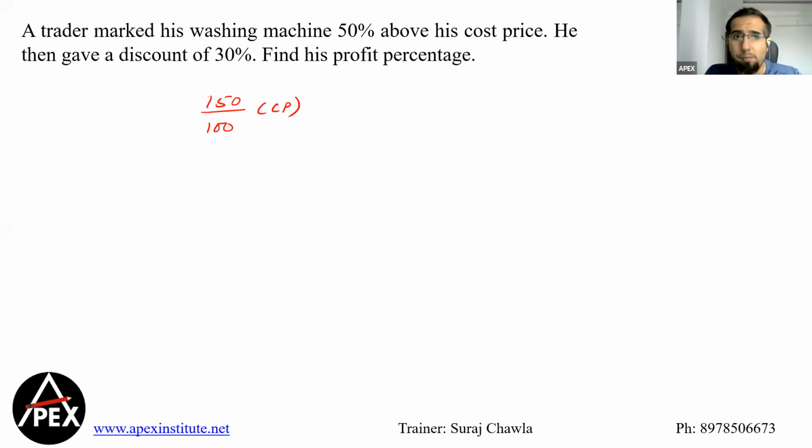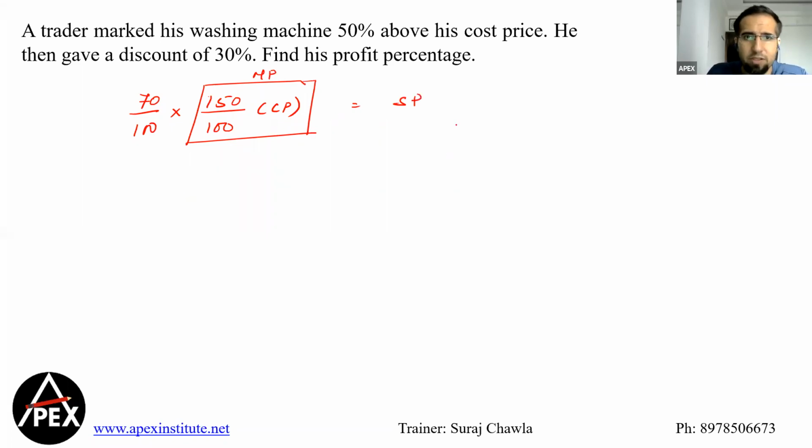Clear, guys? Now I know multiplying factor into mark price is equal to selling price. So into 70 by 100. This is my mark price, and multiplying factor into mark price is equal to selling price. Agreed?